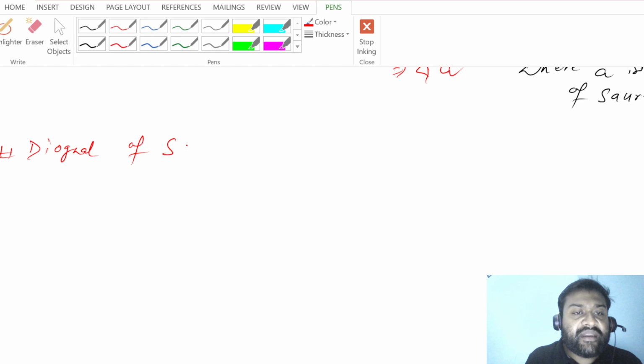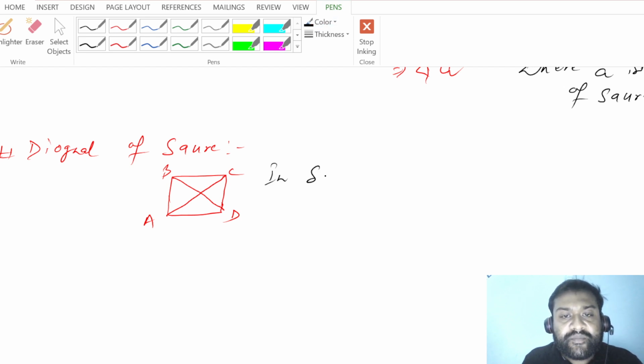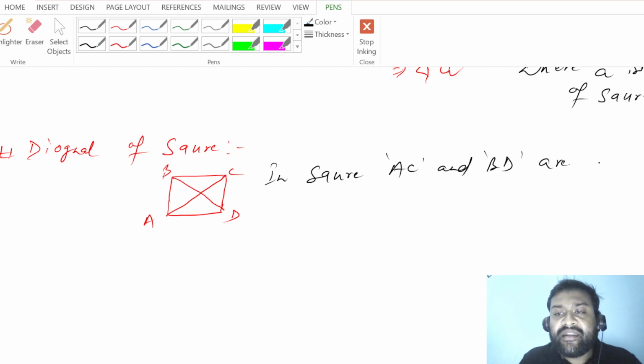Again I'll make a square A, B, C and D, and these are diagonals. AC and BD are diagonals in the square.